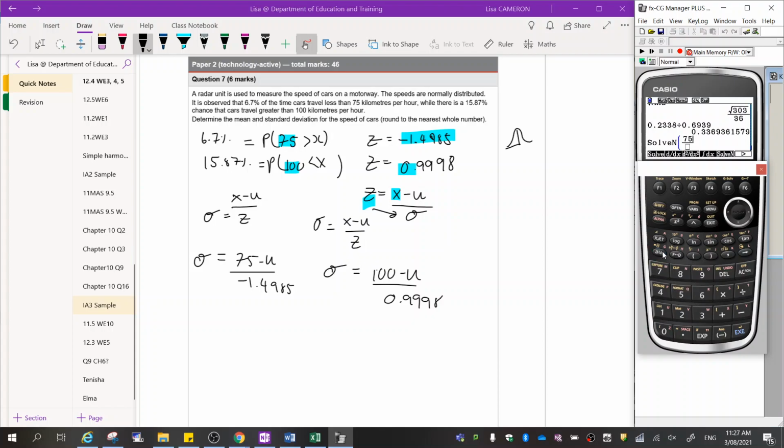So first one, 75 minus our mean all over negative 1.4985 is equal to fraction 100 minus the mean all over 0.9998, comma, x, close the bracket, execute.